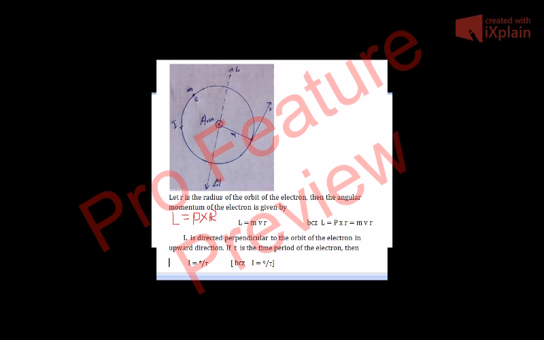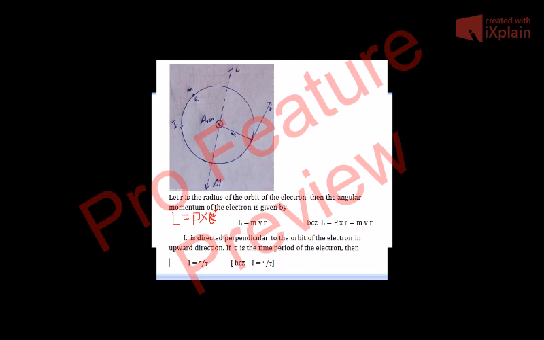Sorry, it is small r. Remember this, it is small r here. But we know that linear momentum P is equal to mass into velocity, that is mv. So when we substitute mv for P, we get L is equal to mvr. So as I have written already here, L is equal to P into r, that is mvr. L is directed perpendicular to the orbit of the electron in upward direction.